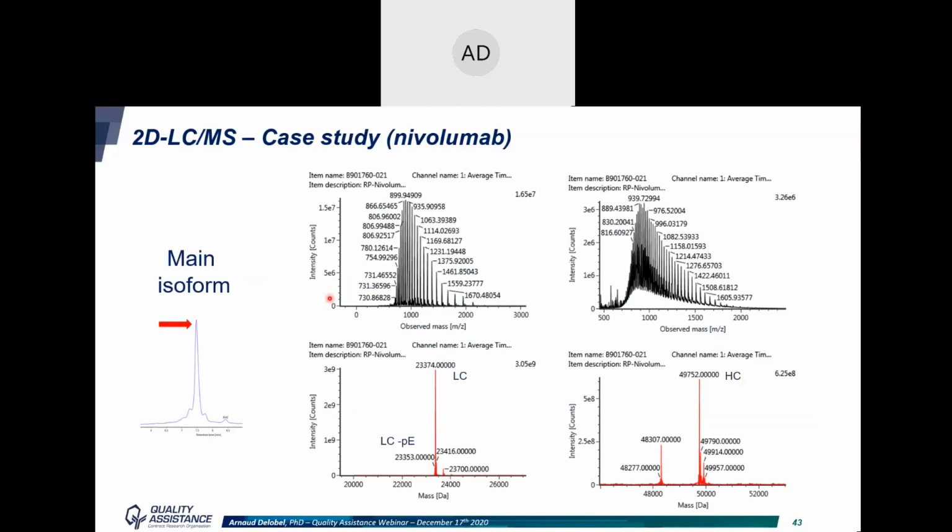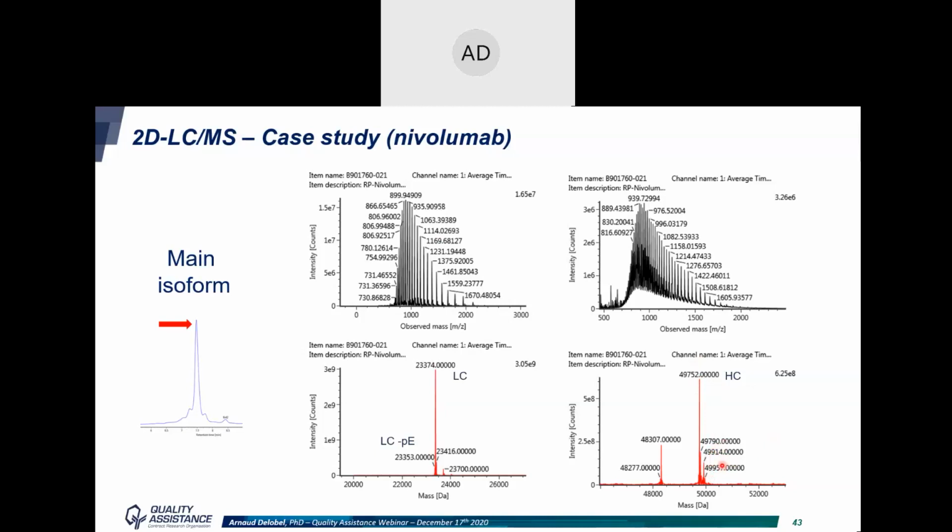And what you can see here is that on the second dimension for the main isoform, this time we detect two species: the light chain, on which we are able to identify very low variants, here the pyroglutamic acid, and the heavy chain on which you can see the main glycoform G0F, G1F, and a very low amount of G2F.